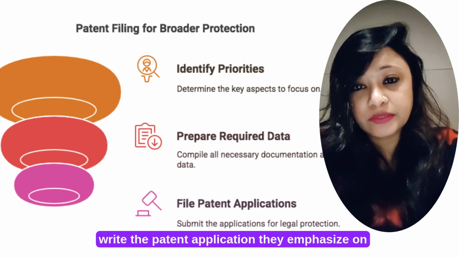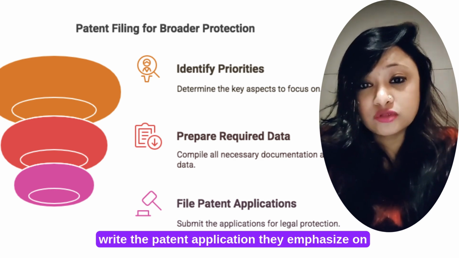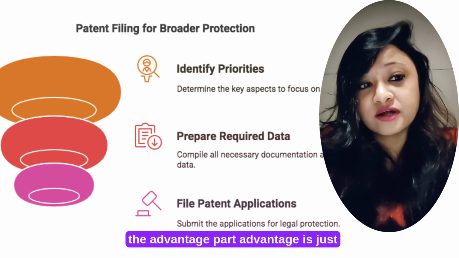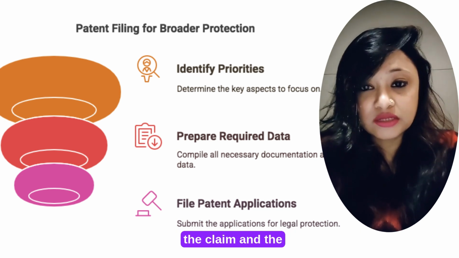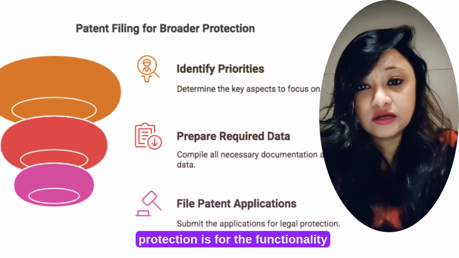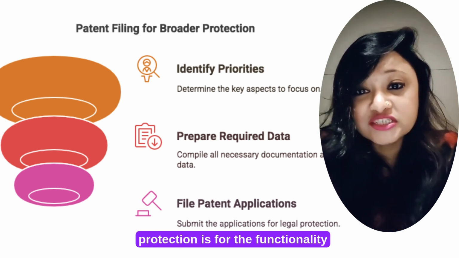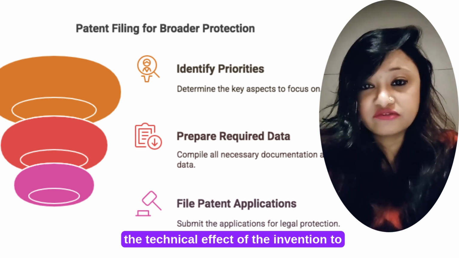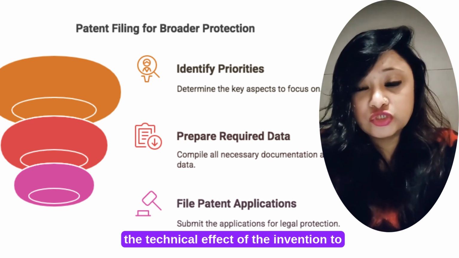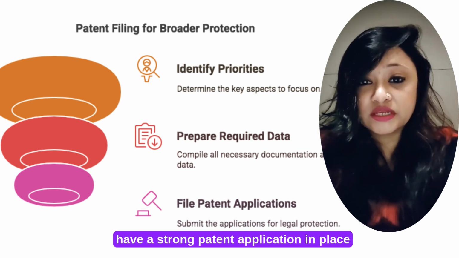They emphasize the advantage part. Advantage is just one section of the patent application, but the claim and the protection is for the functionality, that is the technical effect. So focus on the technical effect of the invention to have a strong patent application in place.